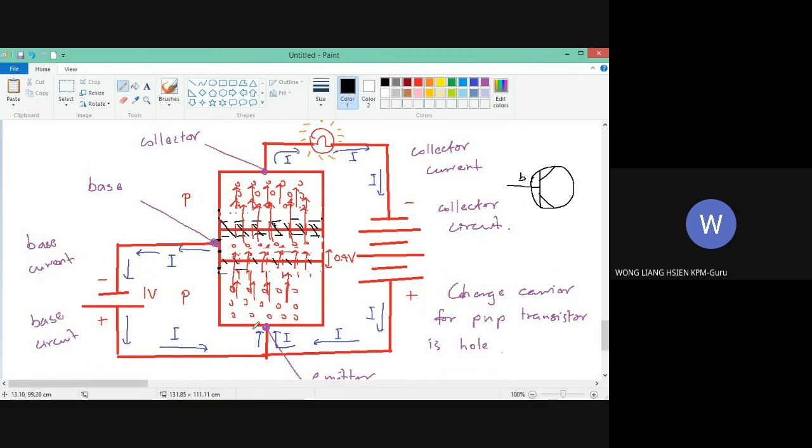That means from the emitter to the base. So the arrow goes from the emitter to the base. So this is how we draw the electronic symbol for the NPN and the PNP transistor.